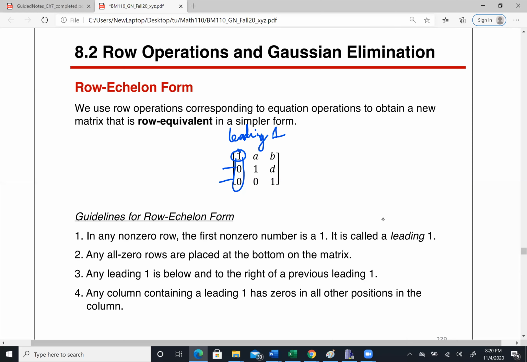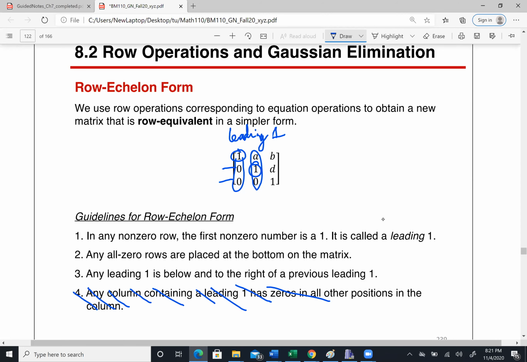Oh wait, this is actually a wrong one, because if the second column here I also have number one, but A is not a zero. So this one should be a wrong statement.